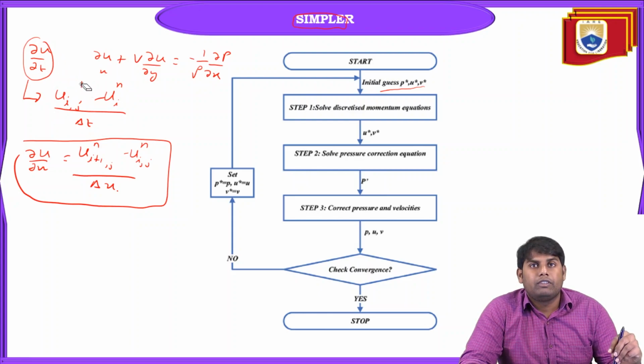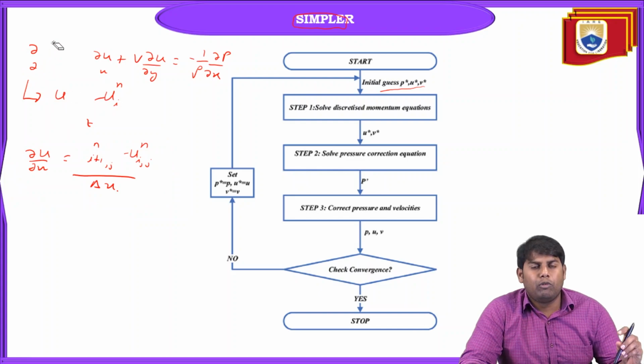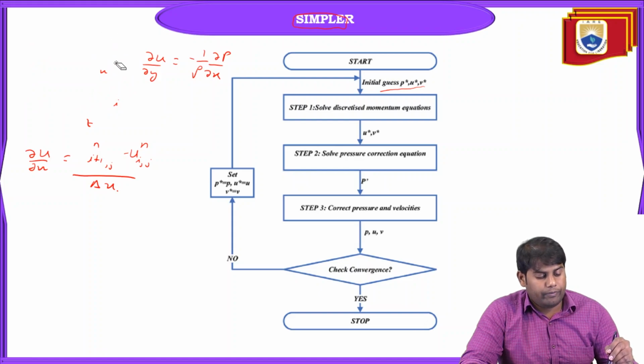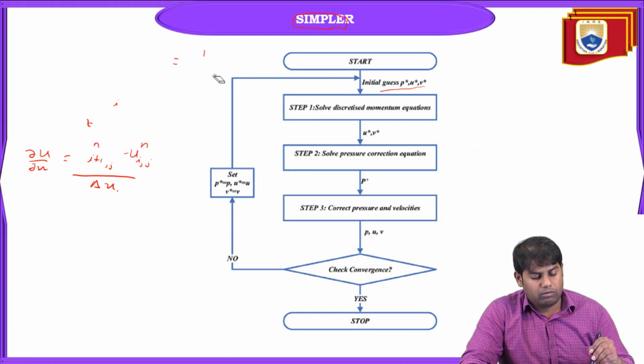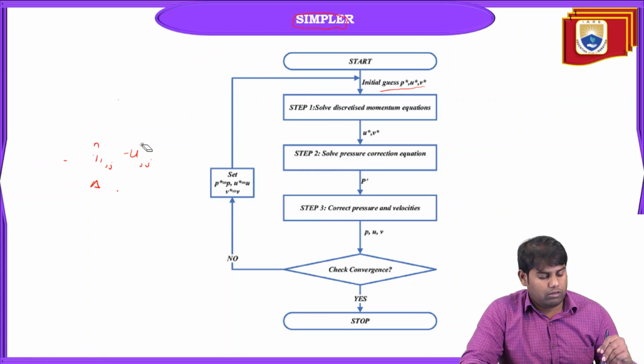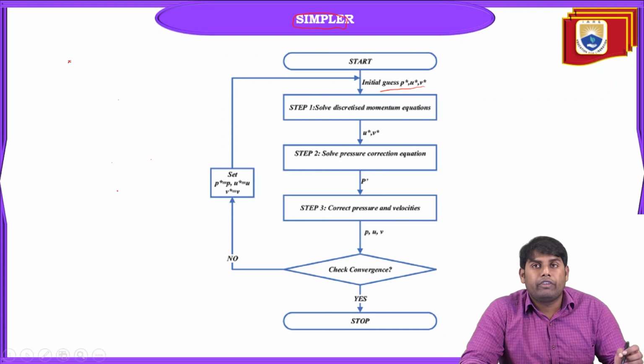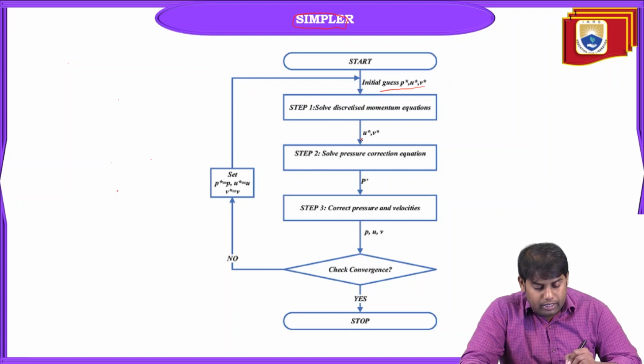So here we have the momentum equations in x and y in the discretization method. Whatever x momentum and y momentum equations we discretize, from those we will get the values of u star and v star.